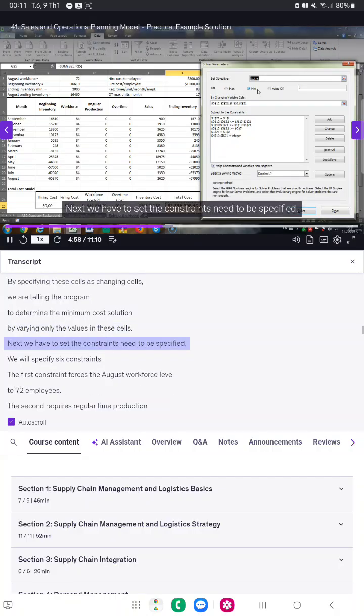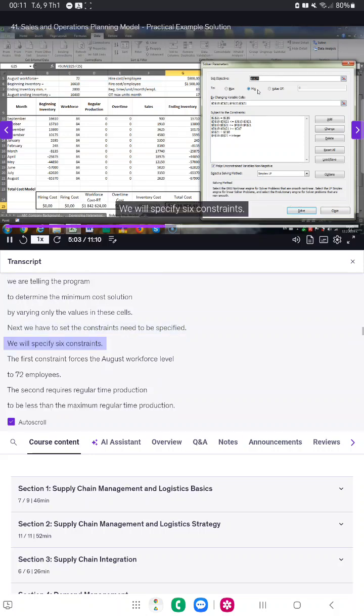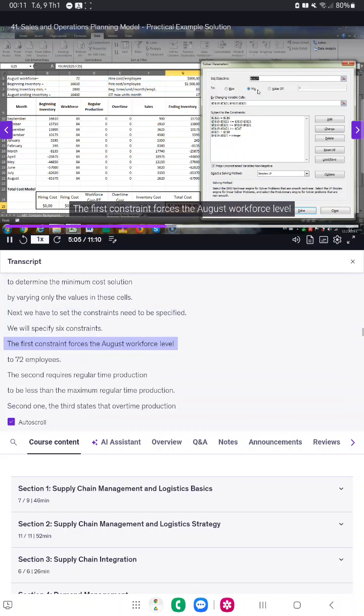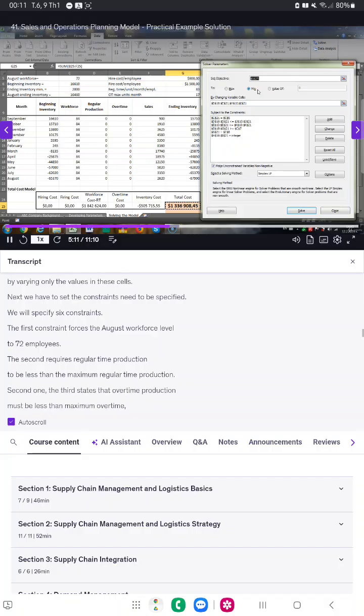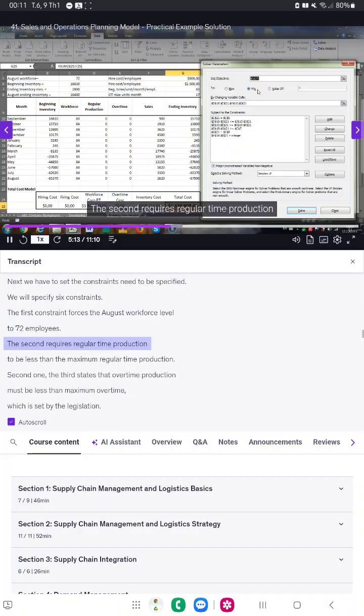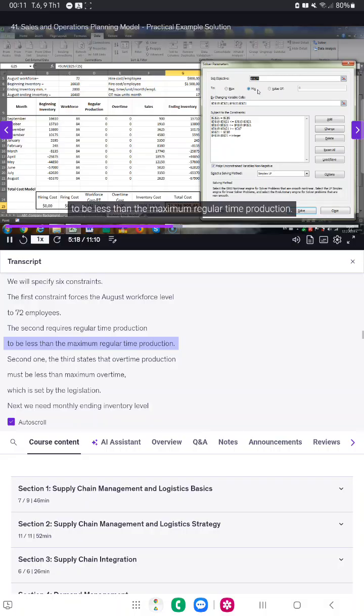Next, the constraints need to be specified. We will specify 6 constraints. The first constraint forces the August workforce level to 72 employees. The second requires regular time production to be less than the maximum regular time production.